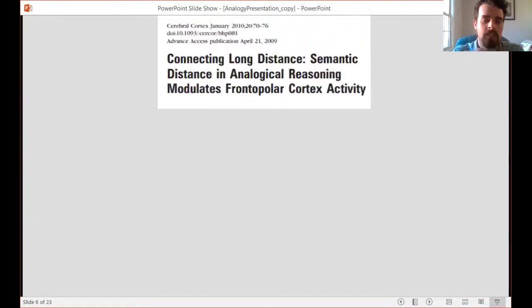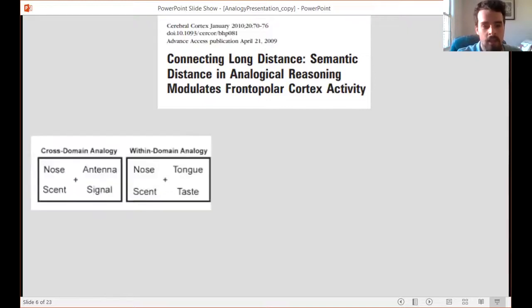The next study brings in this concept of semantic distance. It is entitled Connecting Long Distance: Semantic Distance in Analogical Reasoning Modulates Frontopolar Cortex Activity. Here we're using the same word pairs that I've talked about before. We also have this distinction of a within-domain analogy. Again, nose is to scent as tongue is to taste.